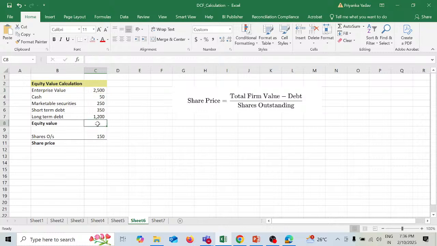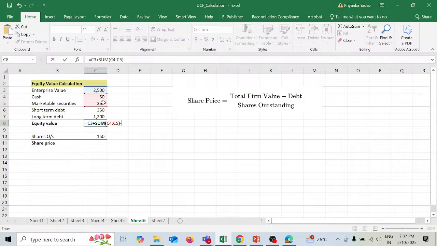First we'll calculate the equity value over here. So this is simply, equity value means all the firm's value over here minus the debt. This is equal to your enterprise value firstly. Then you will add up, you will write here, you can sum of cash and marketable securities, and then deduct all the debts.